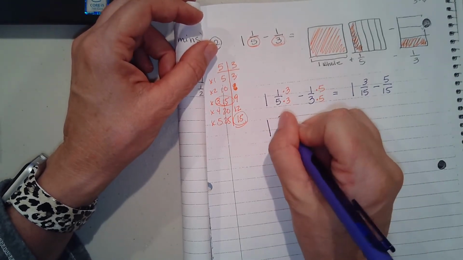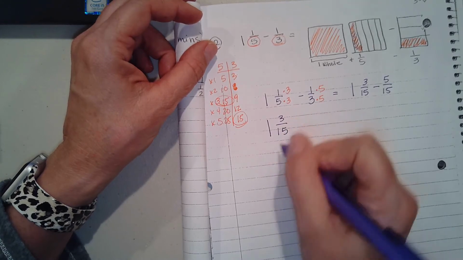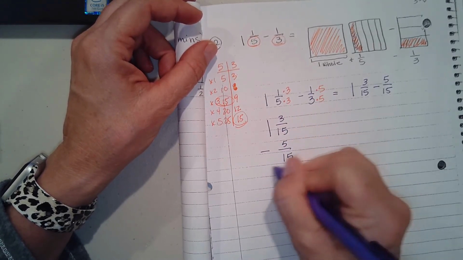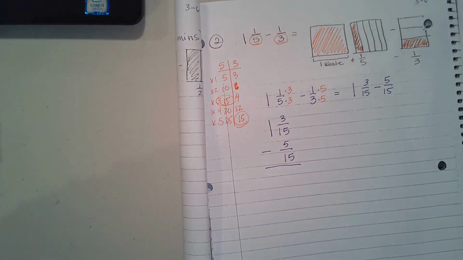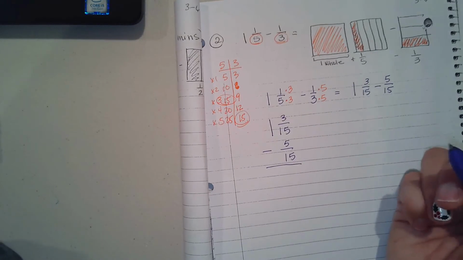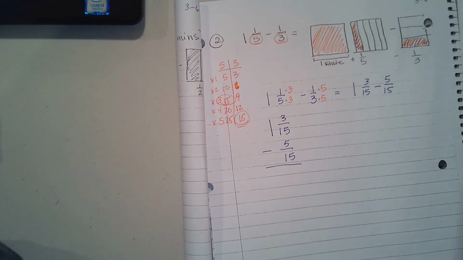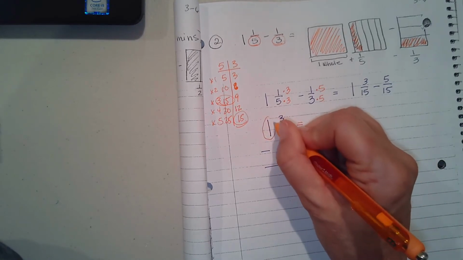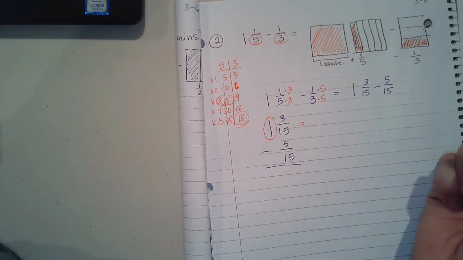I have a problem. Normally you stack a subtraction problem and addition problems, you stack them to solve. Now, wait a minute. I can't take 5 from 3. So what do I do? I come over here and I'm going to change this 1 into a fraction.